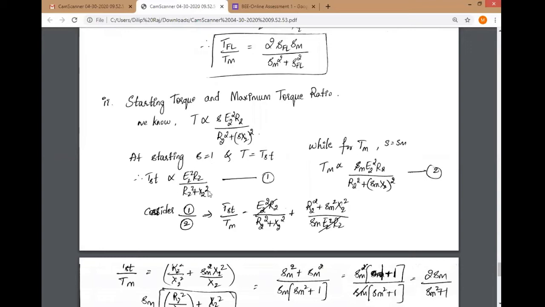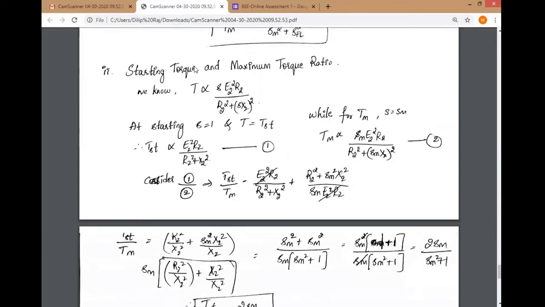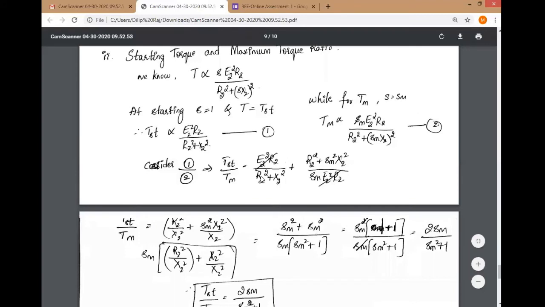So the S value gets eliminated here, and we get equation 1 for starting torque. Taking the ratio of starting torque to maximum torque, E2 square by R2 in both numerator and denominator gets cancelled, and we are left with R2 square plus Sm square X2 square in the numerator, by Sm into R2 square plus X2 square.